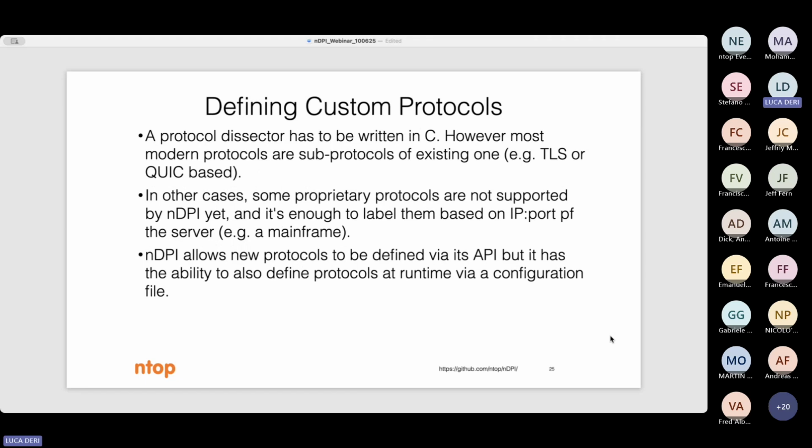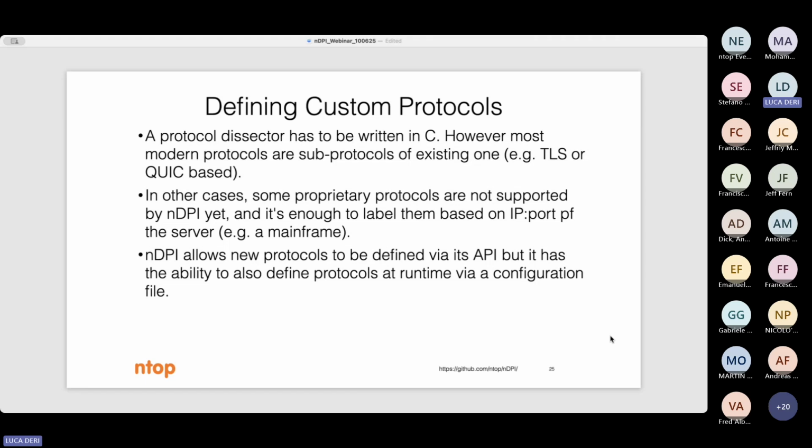When you define a custom protocol in nDPI, of course, you can write a custom dissector. It has to be written in C. This is not what many people want to do, because we are not all developers. But this is the way it works. However, sometimes this is not necessary because you already know the protocol in advance and you are not an expert in analyzing traffic.